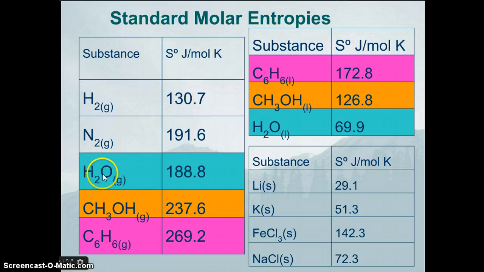As we get more and more complex, with larger and larger molecules, our entropy increases. Benzene has a much greater molar entropy than hydrogen, but benzene has 12 atoms, and they've all got bond lengths, and they can vibrate a little bit. So there are a few more positions that they can take on.